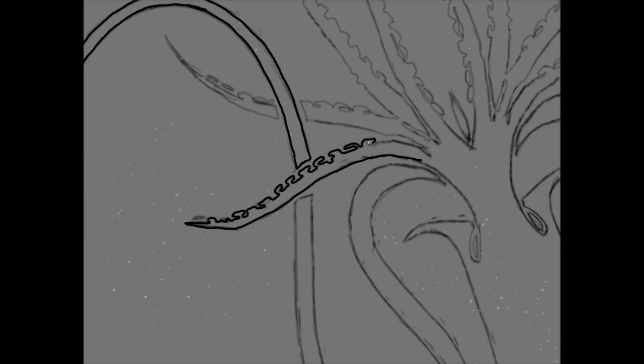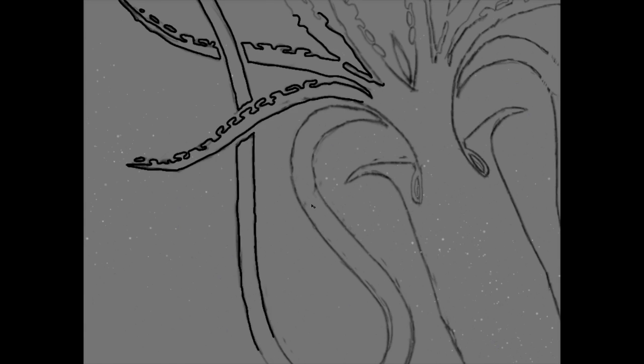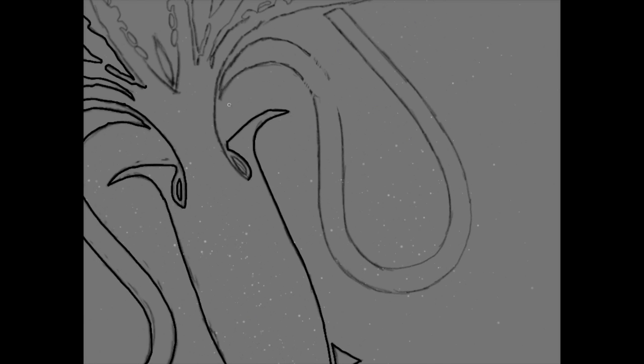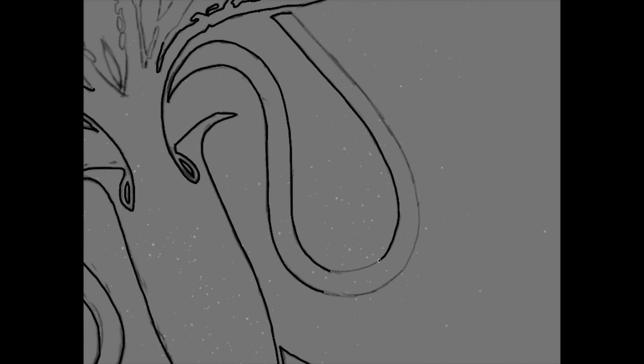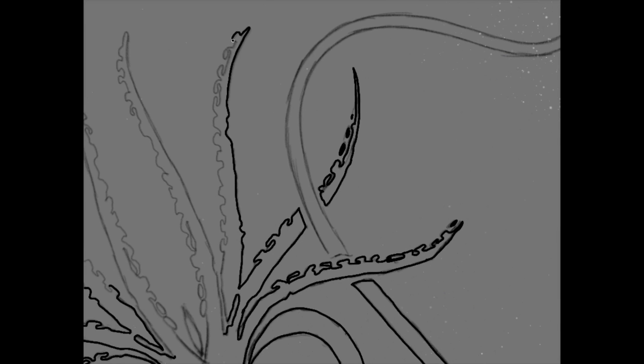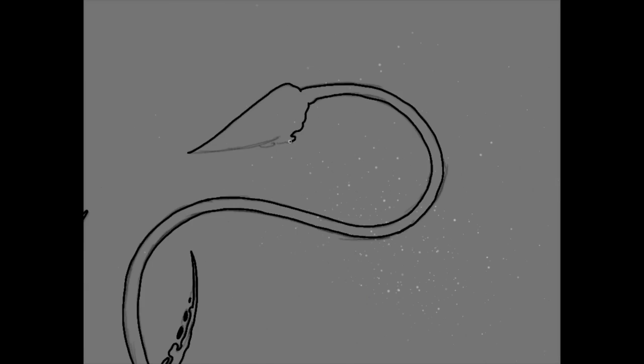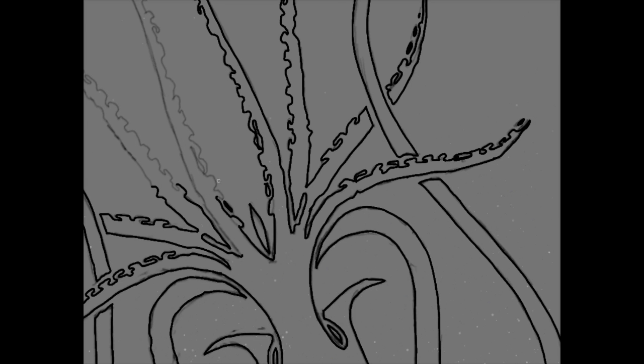Here you can see I just turned off all the other layers just so I can see my pencil without any distractions behind it, and just create a real quick black graphic representation of this Kraken.